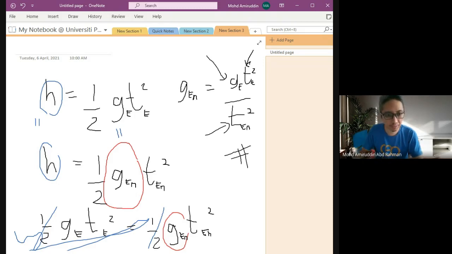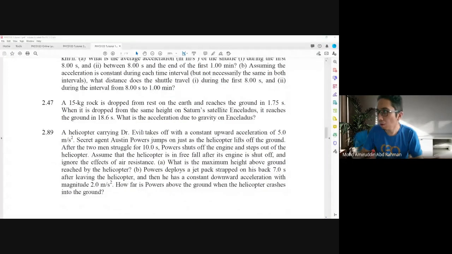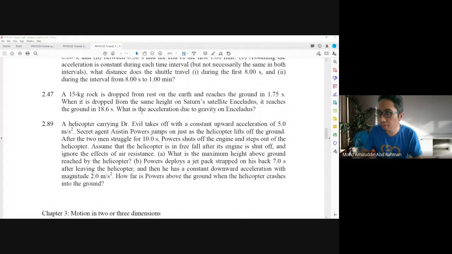All right, so let's move further. We already solved 2.47.